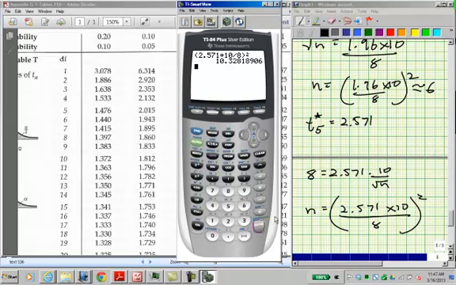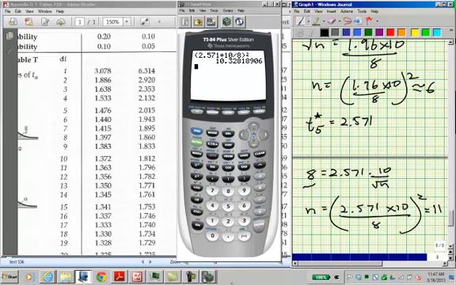Since it's a little bit over, we'll call it approximately 11. So you need 11 people to have a margin of error of 8 with a standard deviation of 10 and a 95% confidence interval.